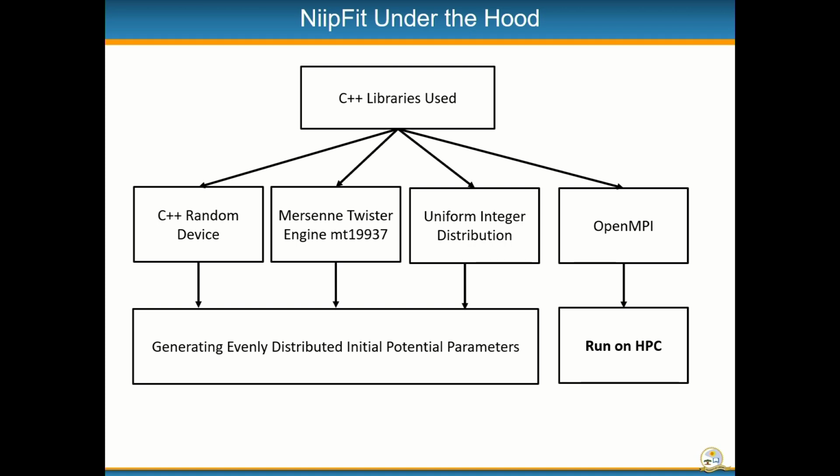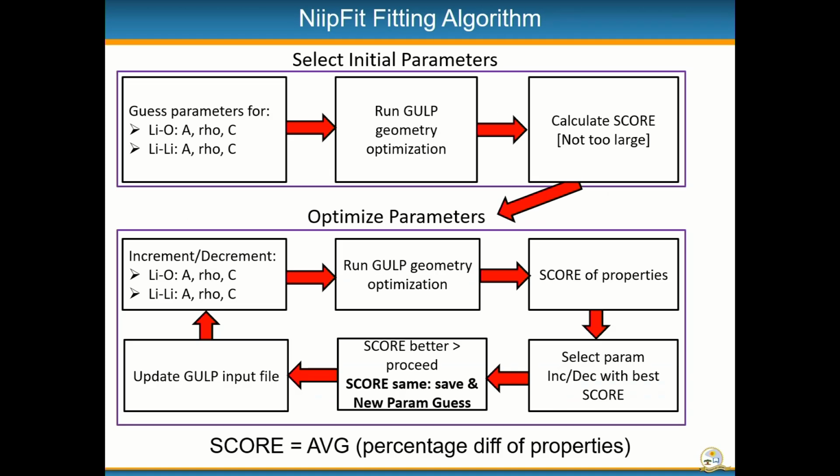Yeah, and the program also supports OpenMPI, which means it can take advantage of the large number of cores at the center of high performance computing. Okay, so the algorithm used is typically this: you guess your initial parameter sets, and then you run a geometry optimization, right? This gives you your properties, and then you use your properties to calculate a variable we call a score.